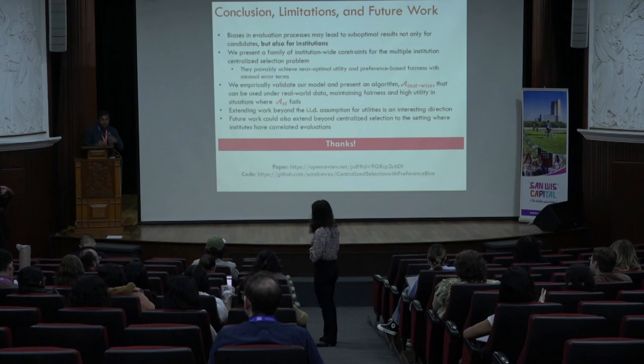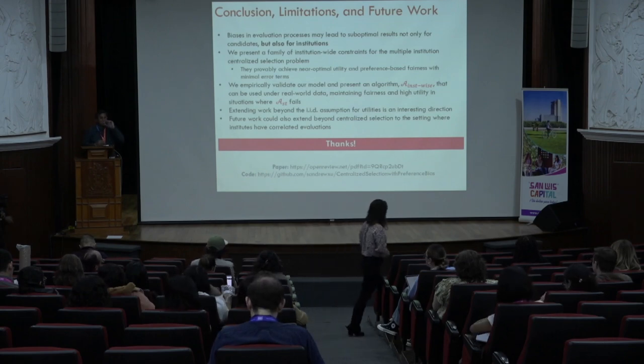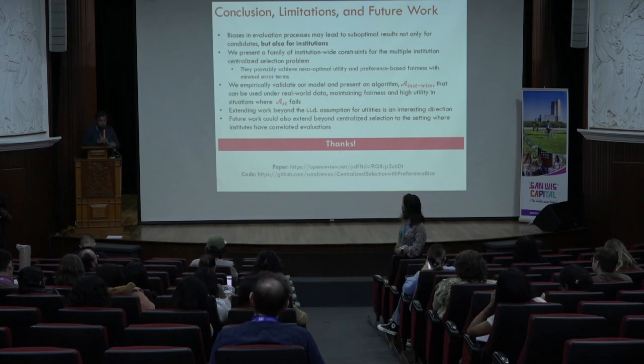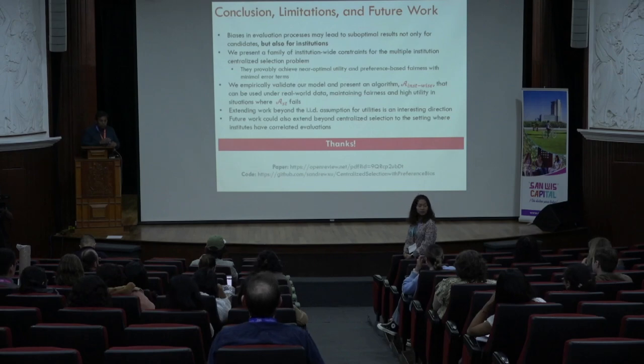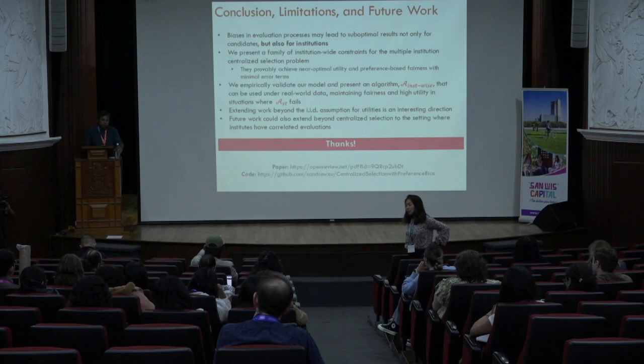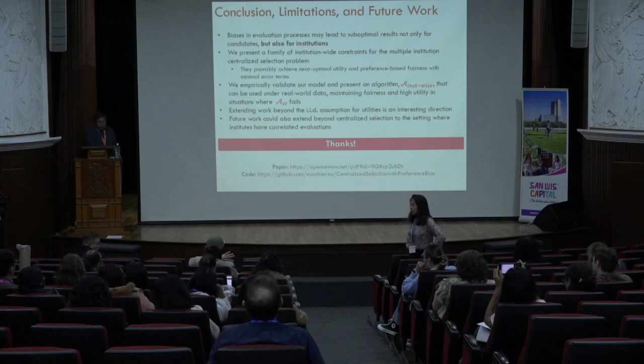Hi, thanks so much for the talk. Just upon first hearing this, it seems that one of the reasons this algorithm works so well is the IID assumption for utilities across groups. The group latent distribution is drawn from the same distribution.